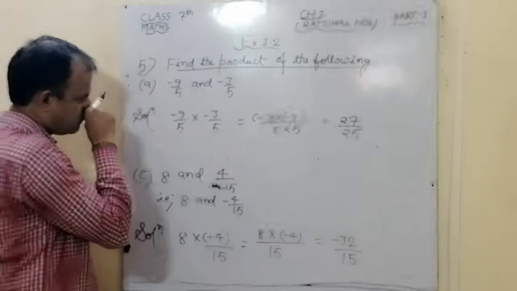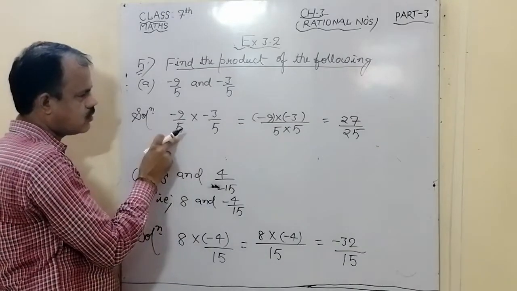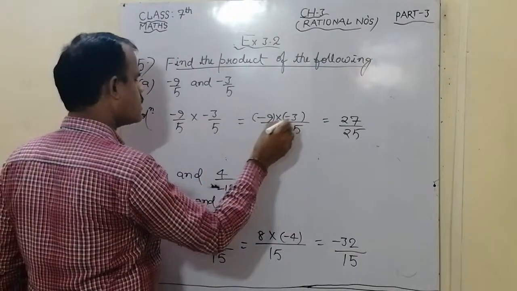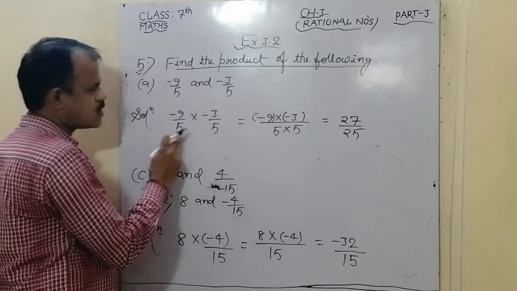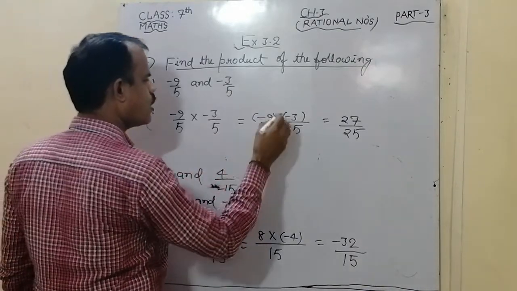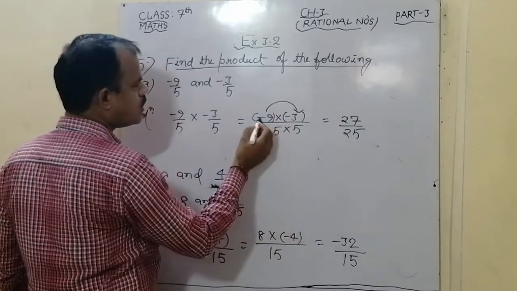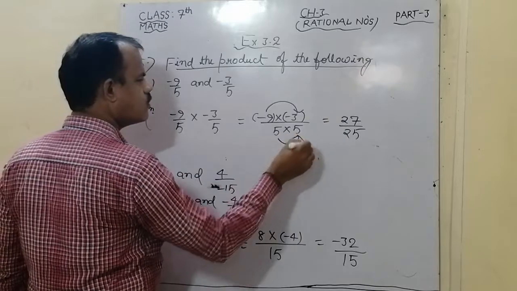Now see here, is it simplified? No. So we write here minus 9 into minus 3 at numerator place, and denominator place is 5 into 5. So see here, 9 times 3 is 27, minus times minus is plus. So plus 27, and 5 times 5 is 25.